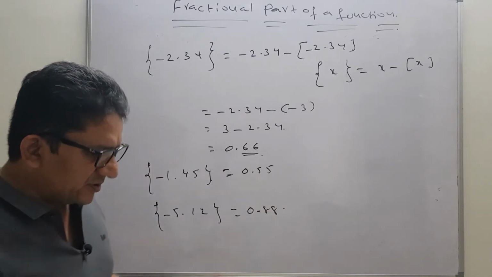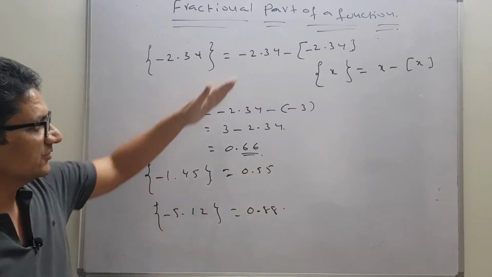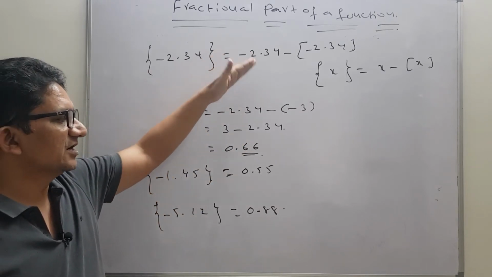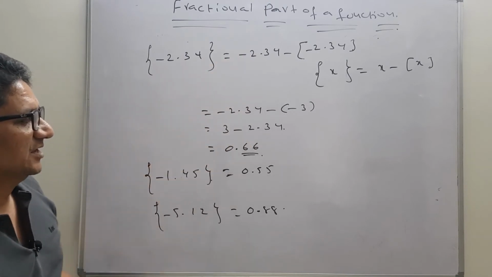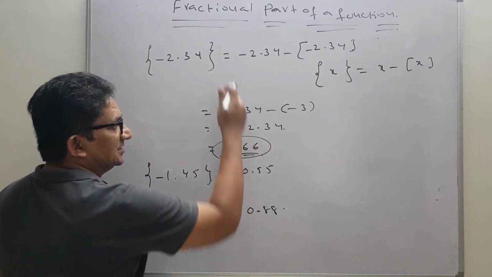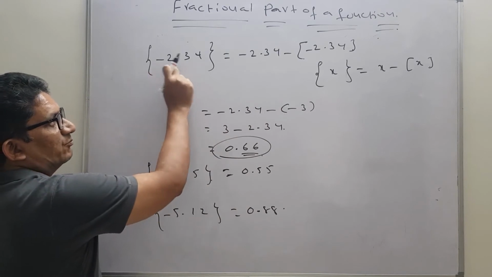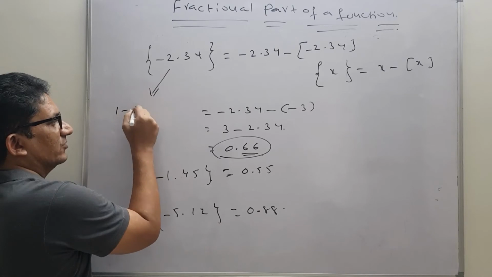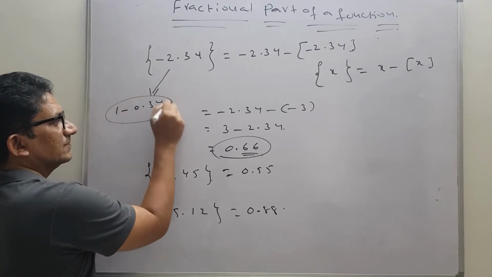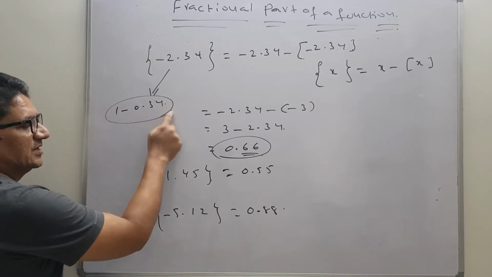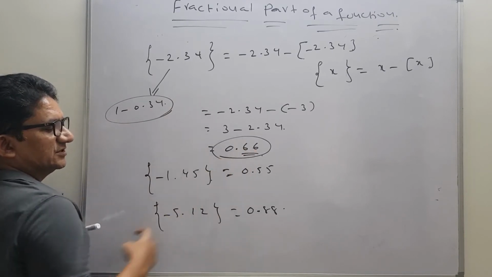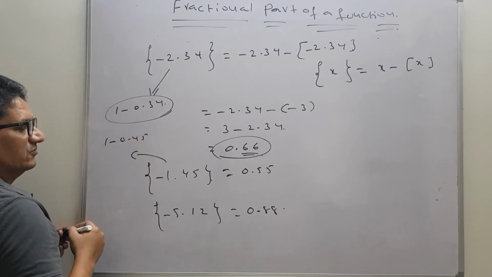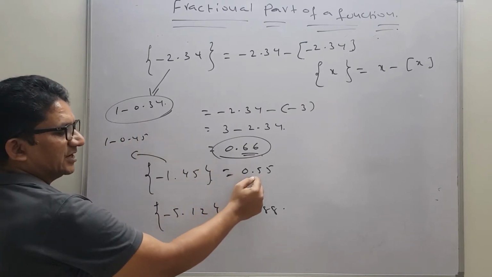I want to tell one point here while handling the negative part. Doing it like this every time is not the major question for any objective question, and it may take time. If you observe the end result of this process, for minus 2.34 the fractional part we can get like this: 1 minus 0.34, and the answer is 0.66 only. For minus 0.45 we can deal like this: 1 minus 0.45, which is 0.55.